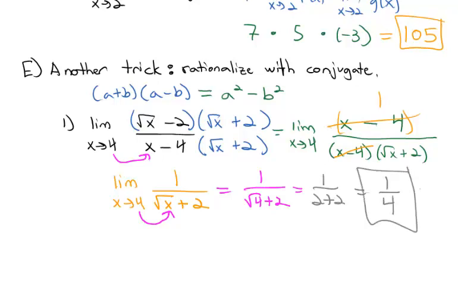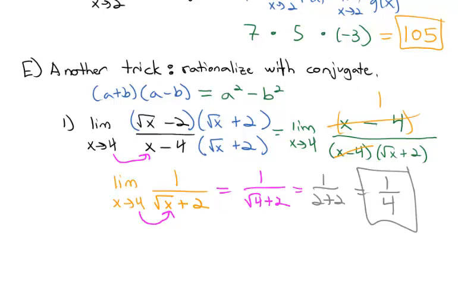We've got the limit. So we know that as x gets closer and closer to 4, this function's going to get closer and closer to 1/4 on both sides. So that's another trick for your tool belt.